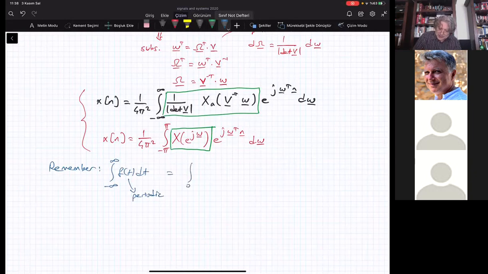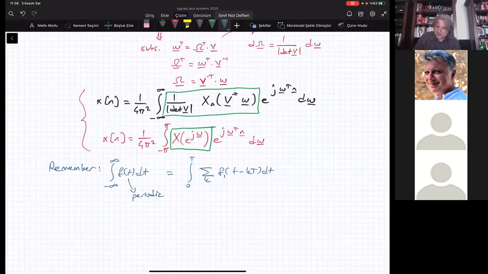You can take the integral within a period and then sum up for all periodic replicas of this within one period. Okay, you can relate a periodic signal to one portion.